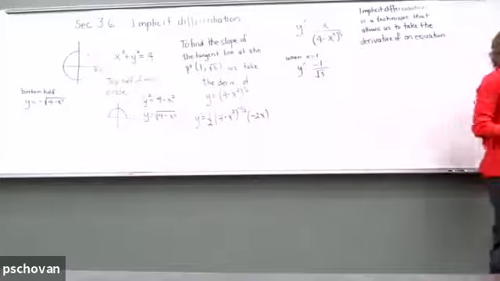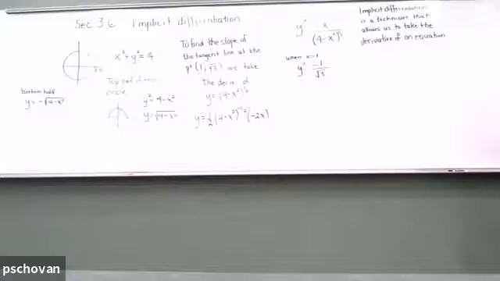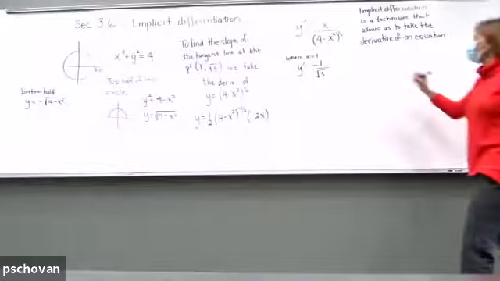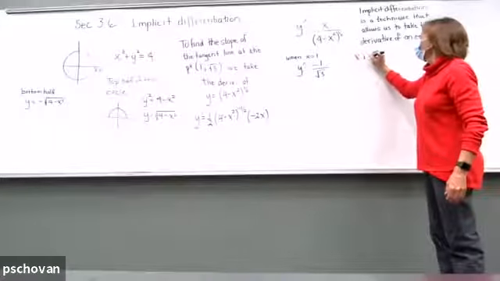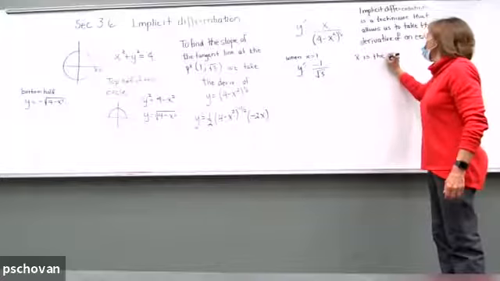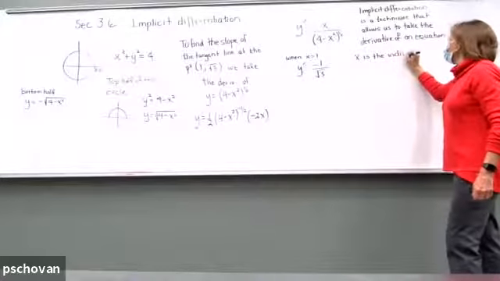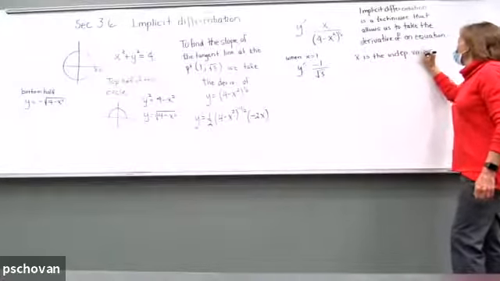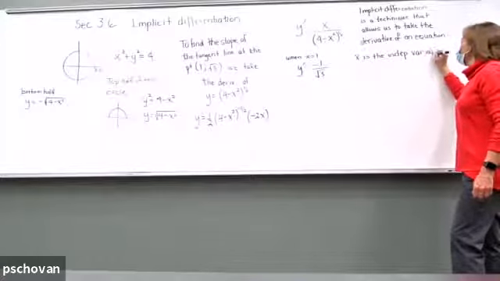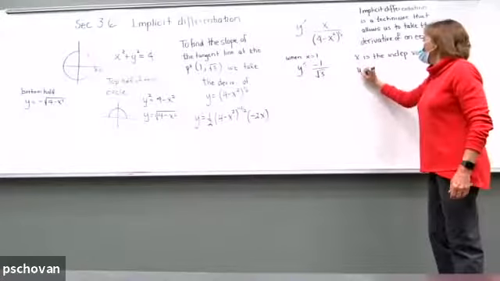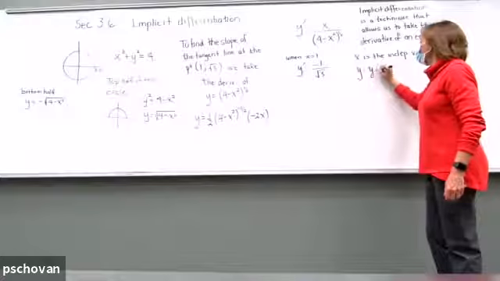All we have to do when we take the derivative of this equation is keep in mind that x is the independent variable and y is an implicit function of x. And y is some function of x.